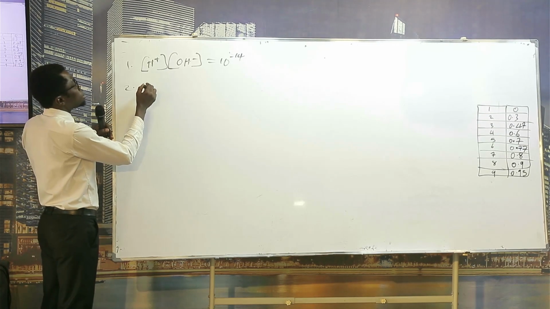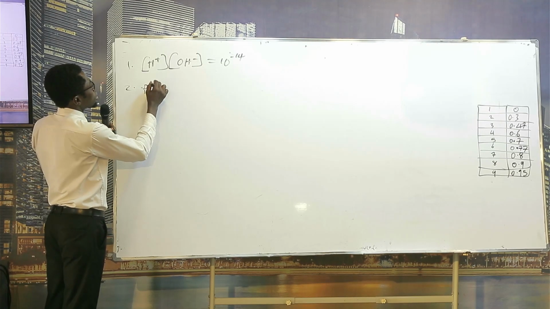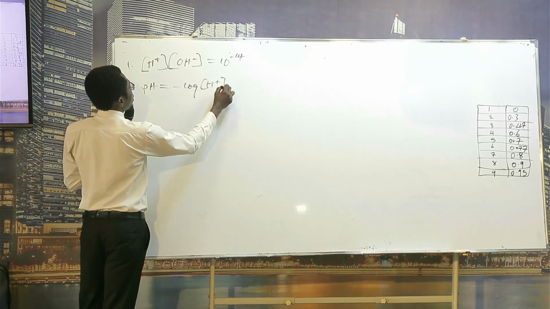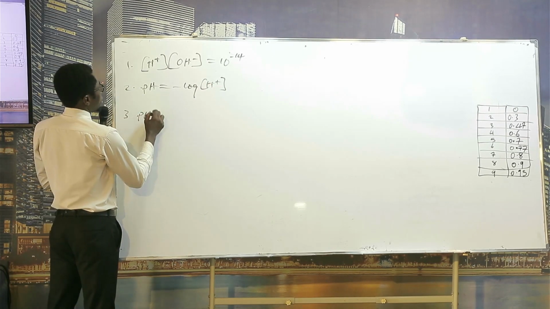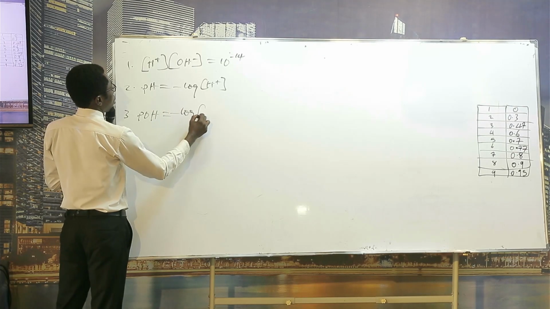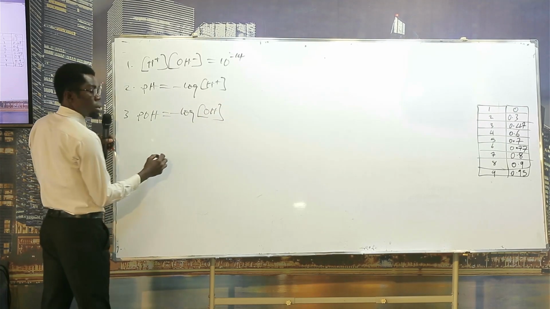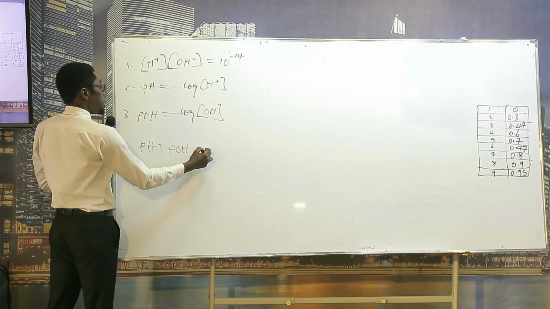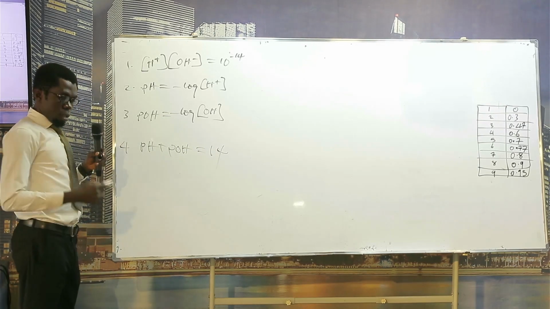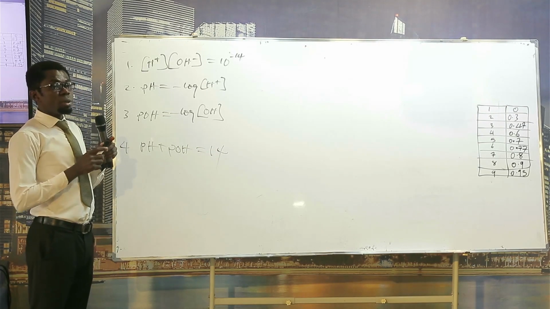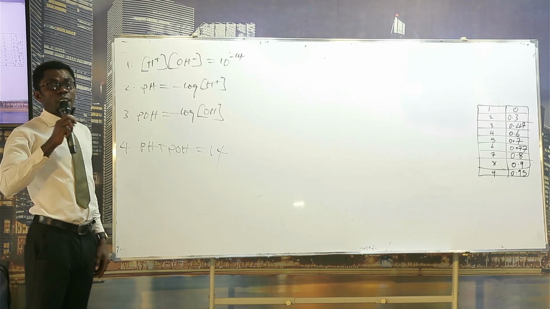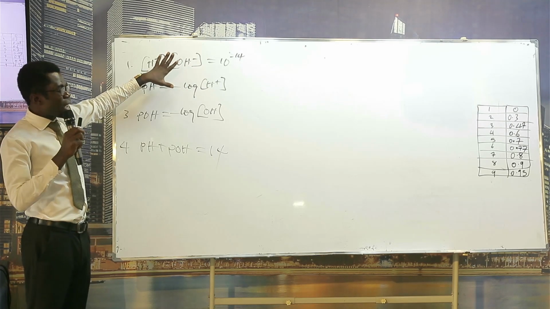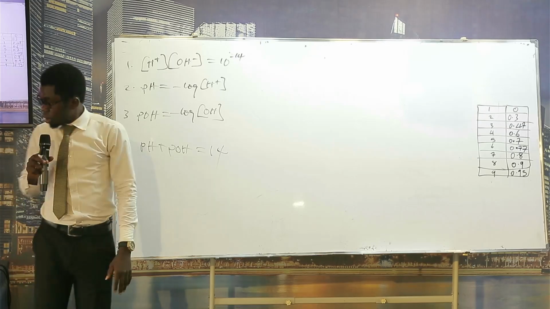Number 2. Finally, pH plus pOH is equal to 14. Time may go. Maybe if I come next time, I will rehearse before we move forward. But by then, make sure that you have crammed these formulas. It will help us.